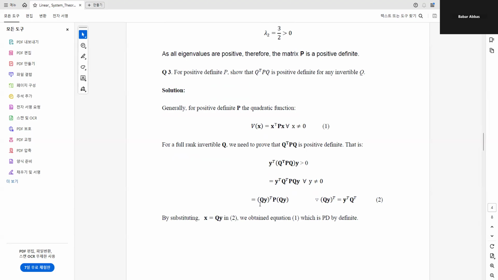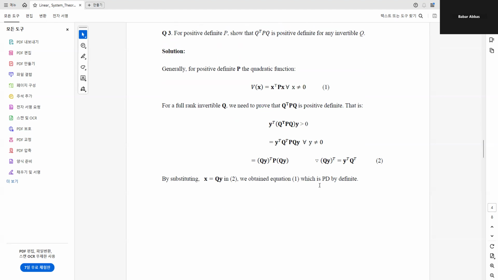So we can suppose that x is equal to Q y, and so it becomes x transpose P x form. In this case, x transpose P x is strictly positive, and y transpose Q transpose P Q y is also strictly positive, which shows by definition that it is positive definite.